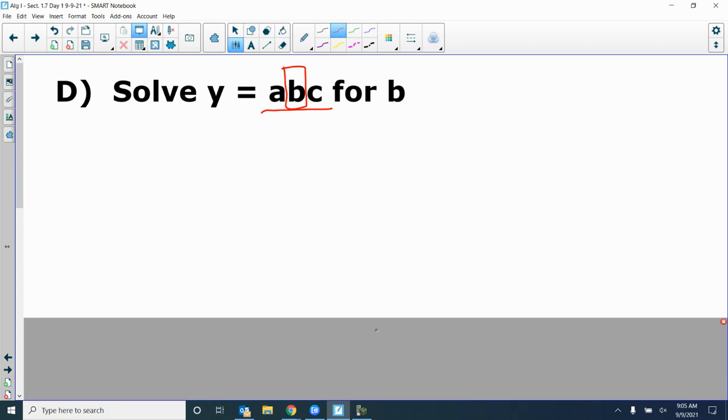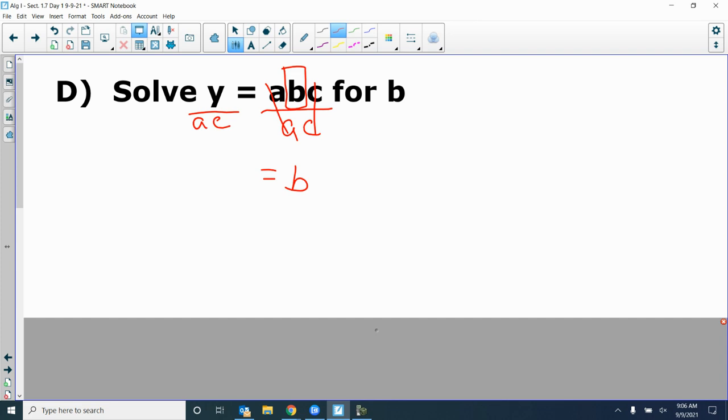Juan? Well, no, I don't want to divide by b. Just AC. I want to divide that by AC. Look what happens over here, guys. The A's cancel, the C's cancel. Now I'm left with my B. What did I divide by over here? AC. So I'm going to divide by AC right here.